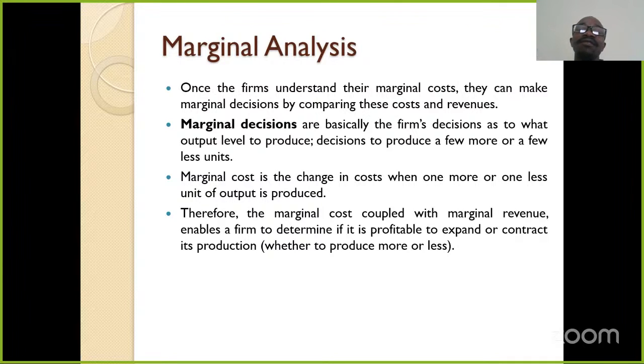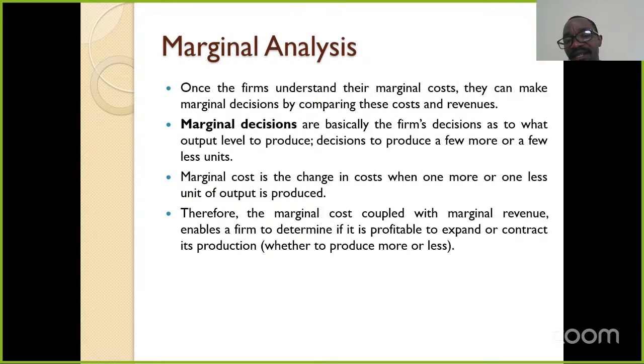So the firm or the business would have to think, should I produce more units or fewer? To arrive at that decision, you do what we call marginal analysis. This marginal analysis helps the firm to determine the level of profit maximization. And that same level will tell you how much to produce and what price to charge.